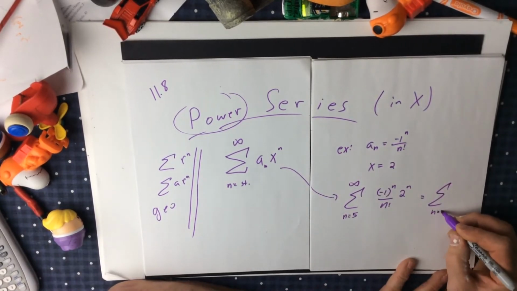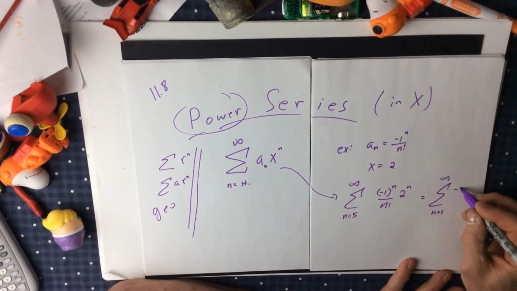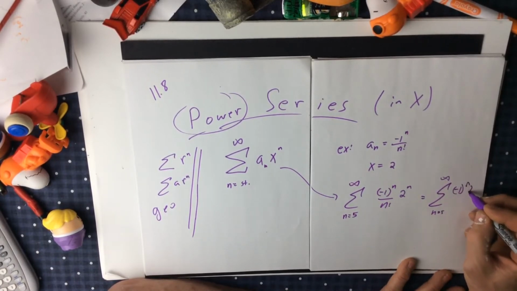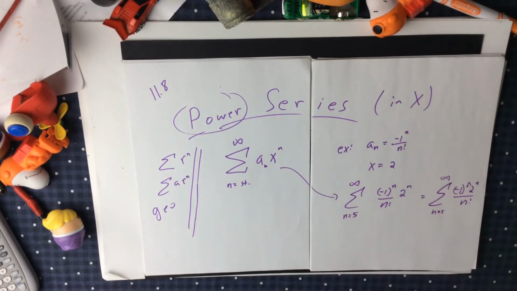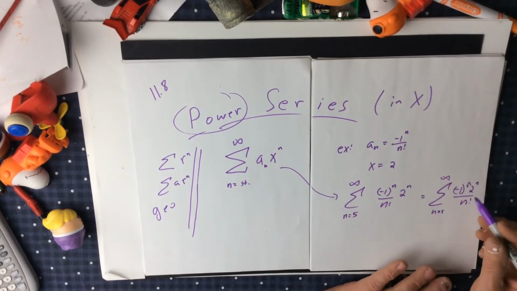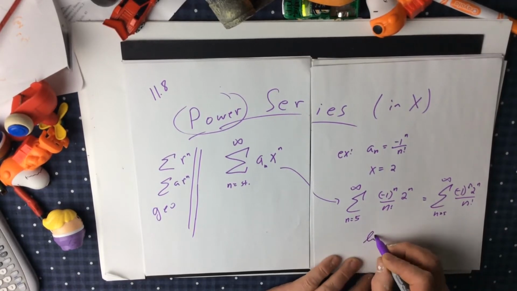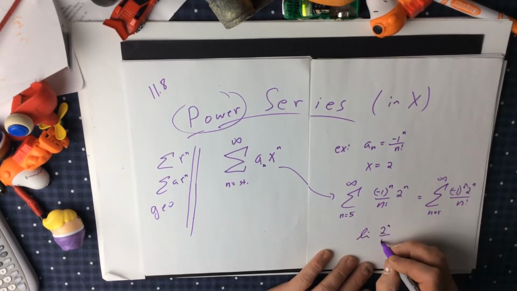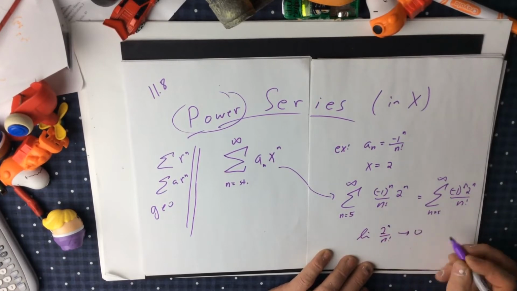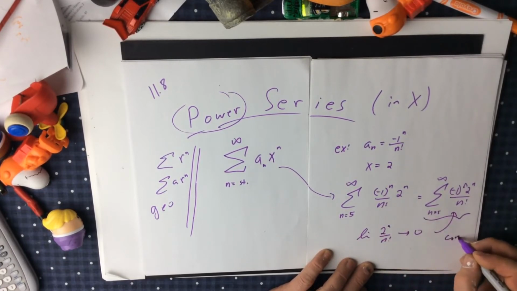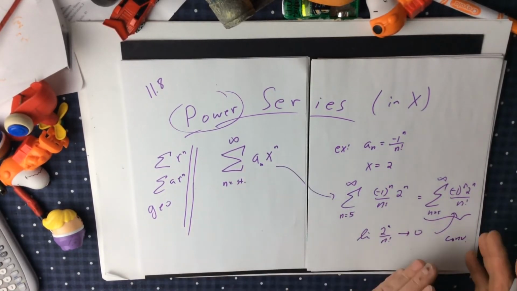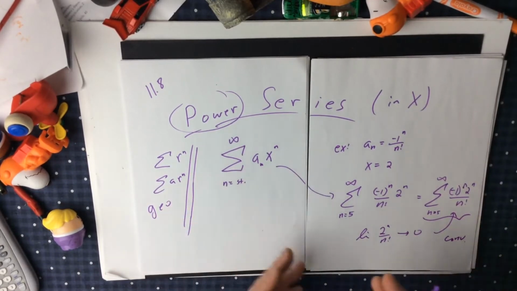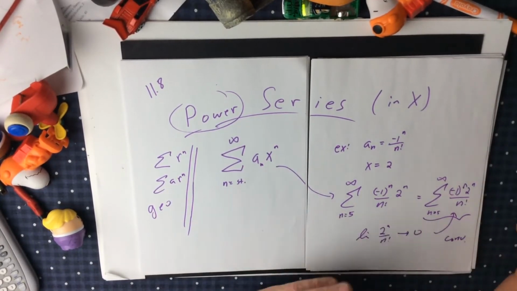Then this looks like a series that we've looked at before. It turns out the alternating series test is sufficient to show that when the limit of 2 to the n over n factorial goes to 0, that causes this thing to converge. Now, because we know that thing converged when we put in x equals 2, maybe it also converges when x equals 3 or x equals 4.